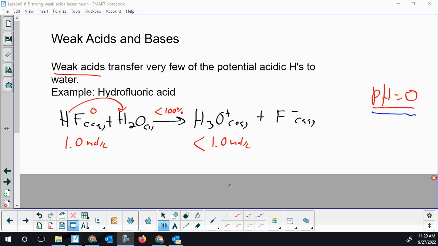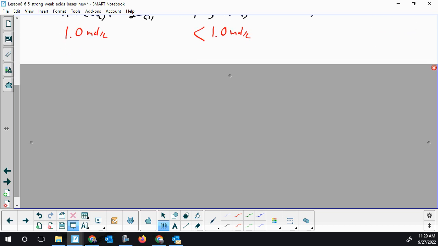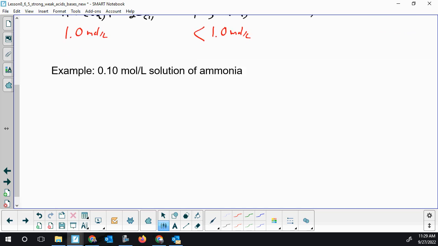Okay. So that was a weak acid, weak base is the exact same type of theory. So if we have a 0.1 mole per liter solution of ammonia, ammonia doesn't contain any OH. It is a weak base.